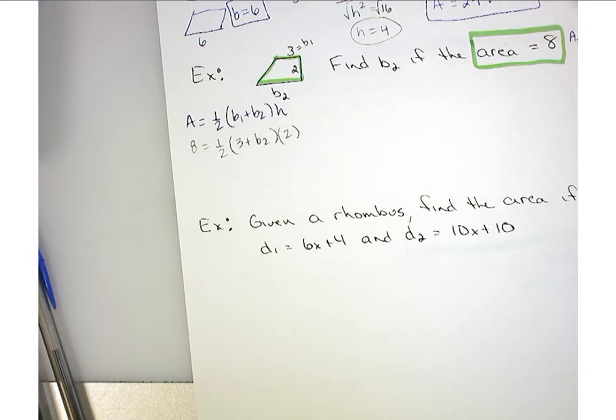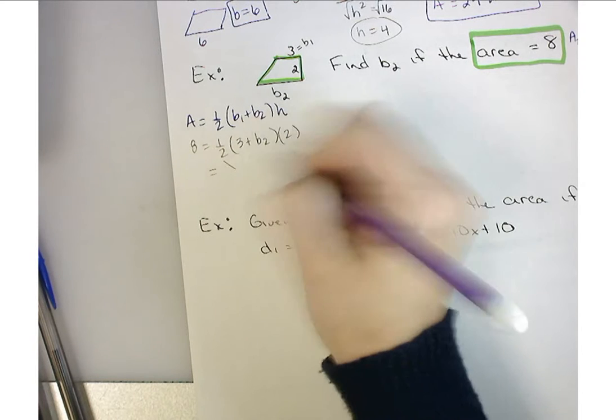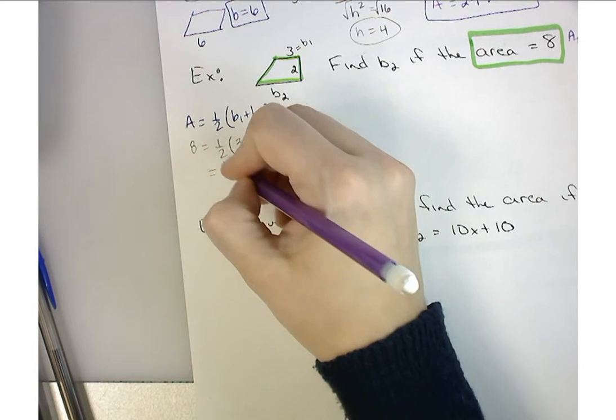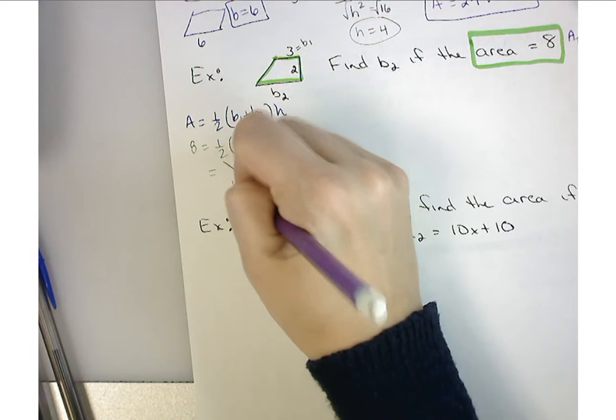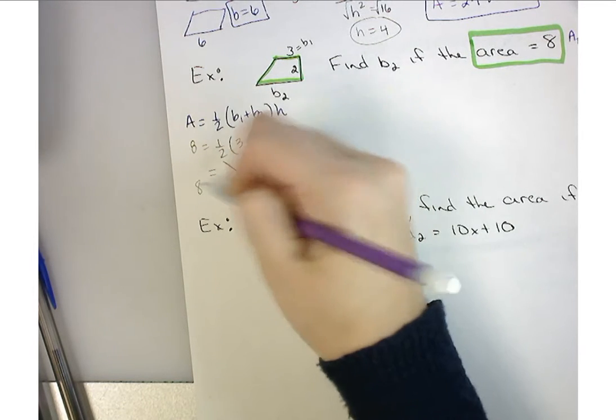Okay, yeah, you could multiply by 2, and then you could distribute the 1/2. What I would do is I'd multiply 1/2 by 2 first, because with multiplication, it doesn't matter what order you do it in. So if you multiply the 1/2 by 2, what do you get? 1. So it's just 1 times 3 plus b sub 2, which would equal 8.